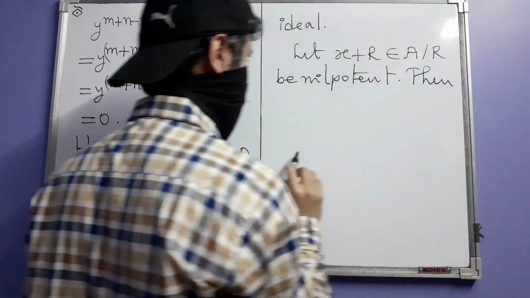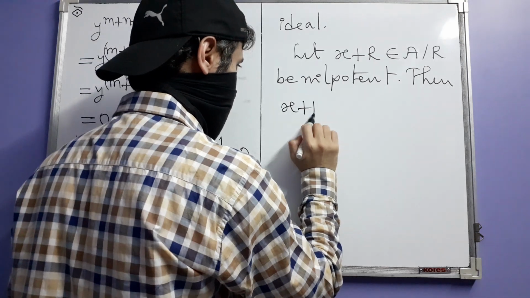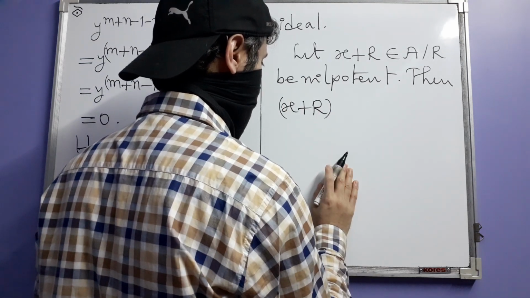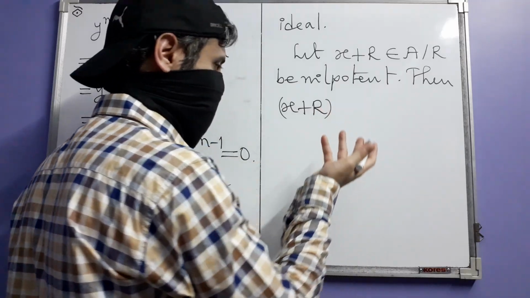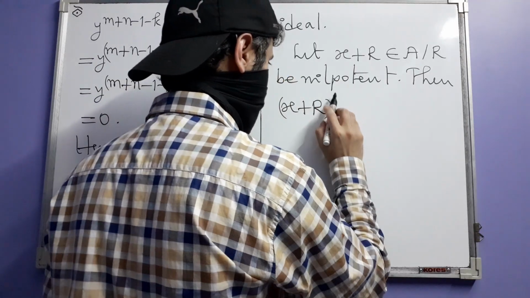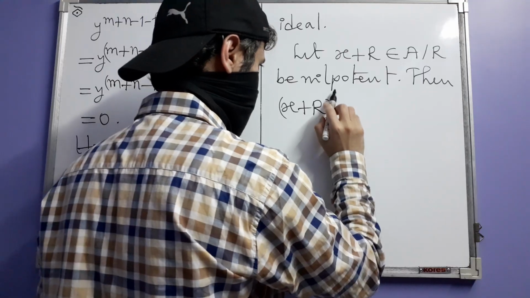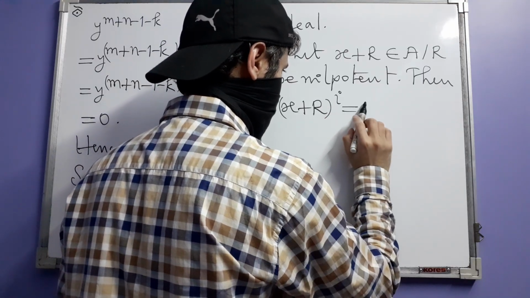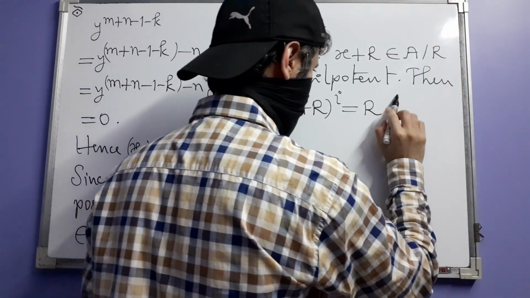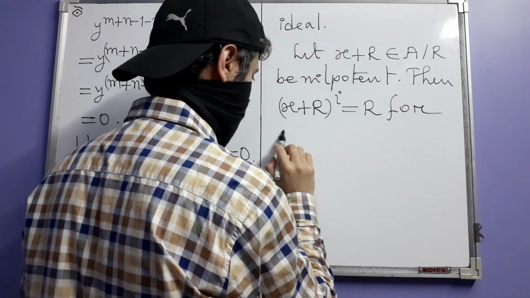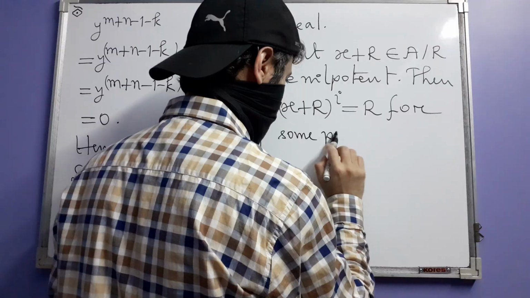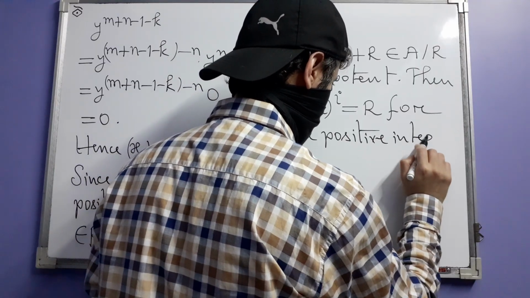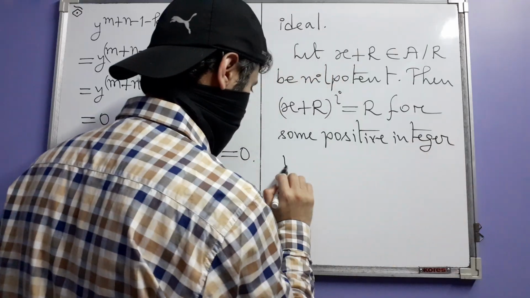Then x plus R to the power, what shall I take? You can actually take m again, but because we are in the same proof, let me take i. Okay, this is equal to the 0 element of the ring for some positive integer i.